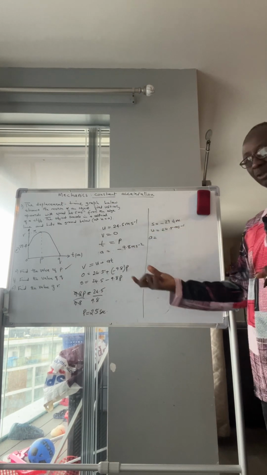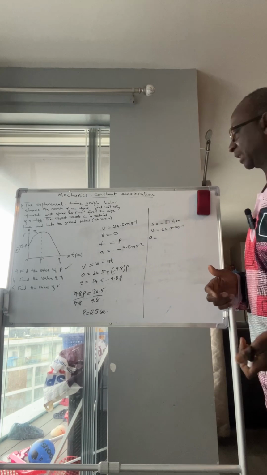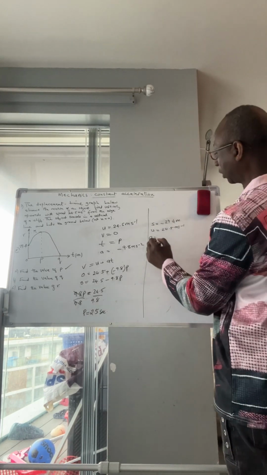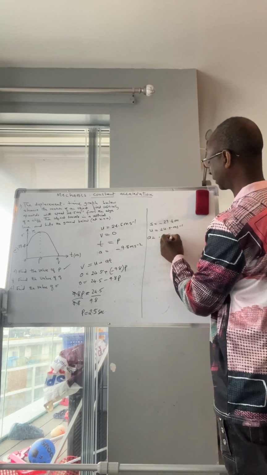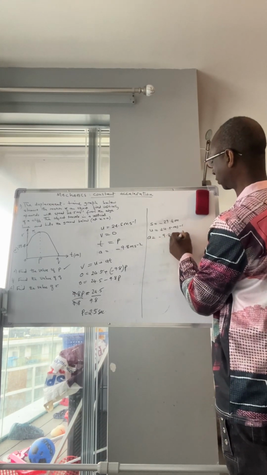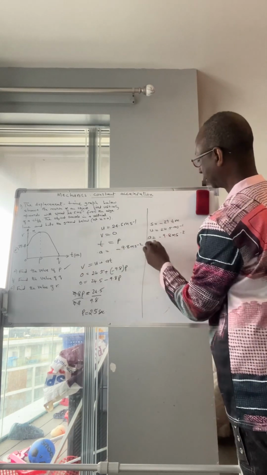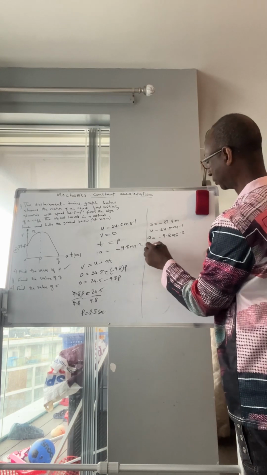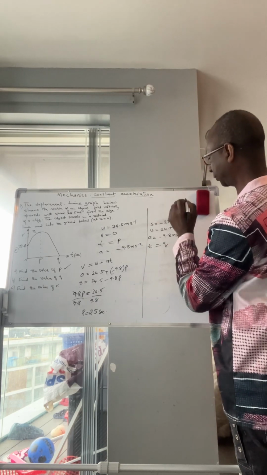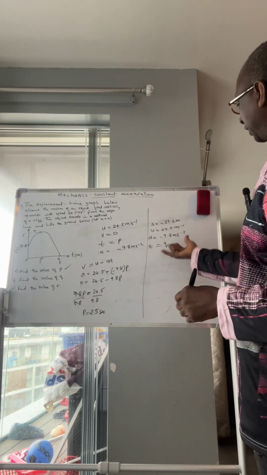That's why the acceleration due to gravity is a constant, 9.8 meters per second squared or 10 meters per second squared. So we'll have it here again as minus 9.8 meters per second squared. We're asked to find Q. So this Q, that is the time. Time now, we represent it again by Q. So we have this information here.